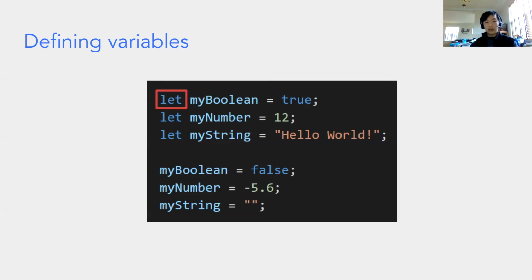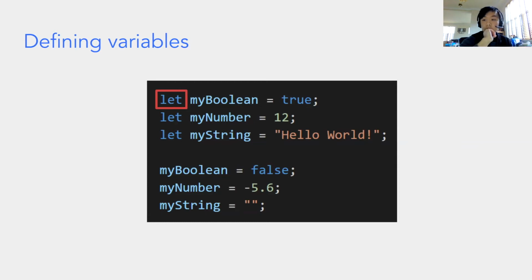You have to tell the program, I want this variable to exist so I can give it a value. In JavaScript, that command is let. So we can do something like let my boolean equal true. Once we've done that, we've already declared the variable, so we can freely change its value. Later on, we can set it to false, and its value will update. So don't forget to use let the first time a variable comes up.